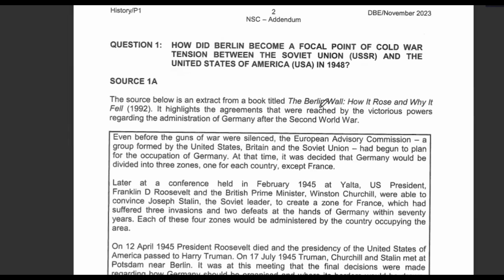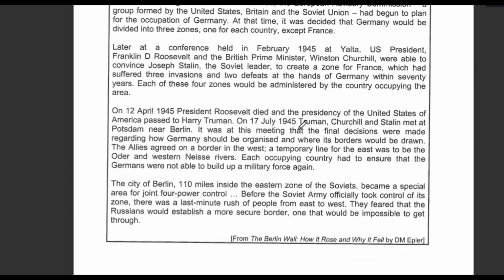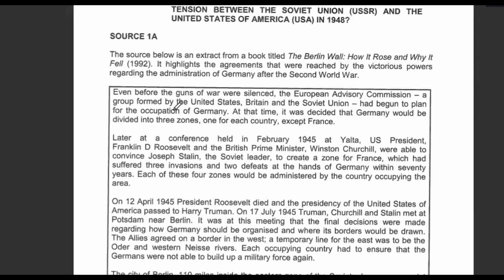It highlights the disagreements that were reached by the victorious powers regarding the administration of Germany after the Second World War. I think you know that Berlin became a focal point in the Cold War, which broke out between the USSR and the USA. So here is source A.